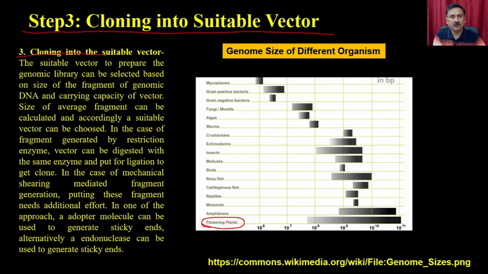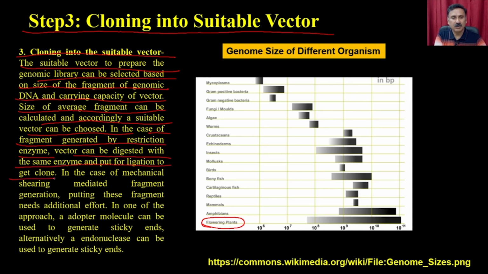The vector can be selected based on the size of the fragment of the genomic DNA and the carrying capacity of the vector. The average fragment size can be calculated, and accordingly a suitable vector can be chosen. In the case of fragments generated by a restriction enzyme, the vector can be digested with the same enzyme and put for ligation to get the clone.